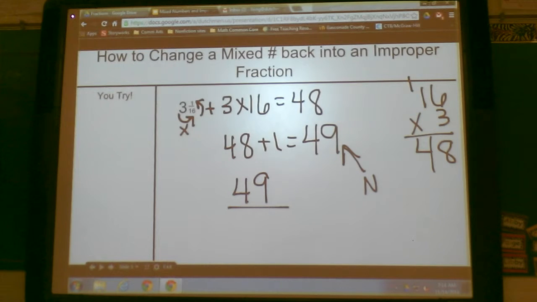And what's my denominator? Very good. It's our original denominator that we started with up here. So it would be 16. Now, can this be simplified?